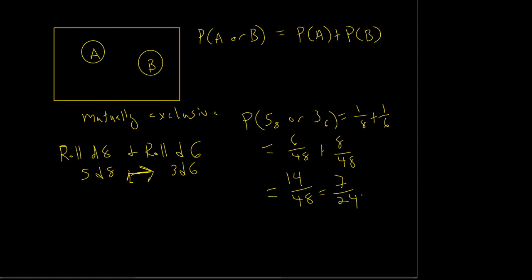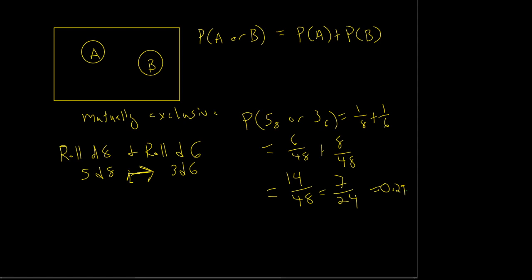7 out of 24. And if I run over to my calculator here and just verify this, 7 divided by 24 is approximately 0.29, or 29% probability of rolling either a 5 on a D8 or a 3 on a D6, right?